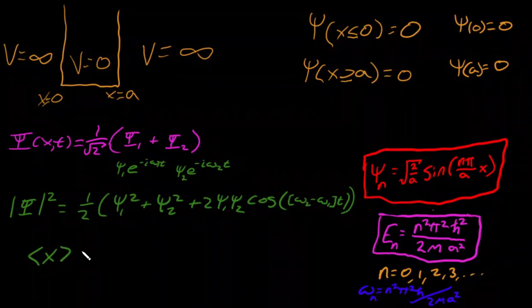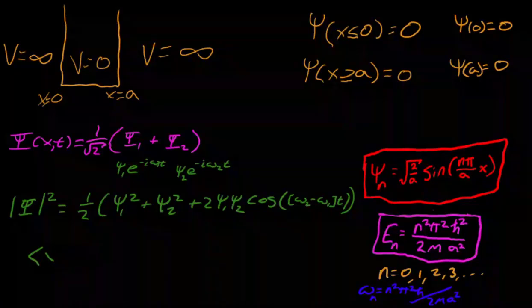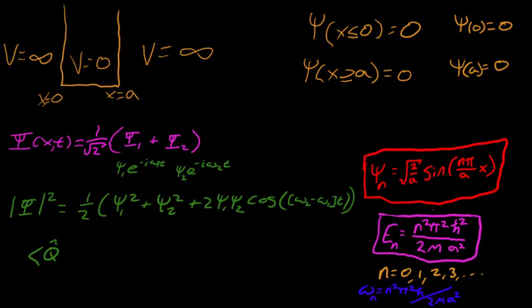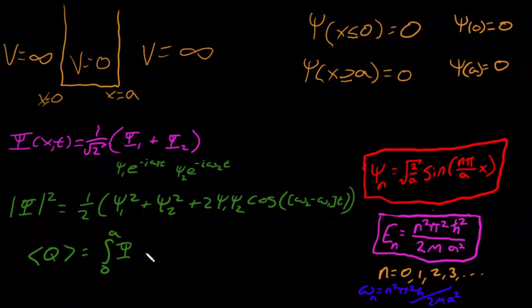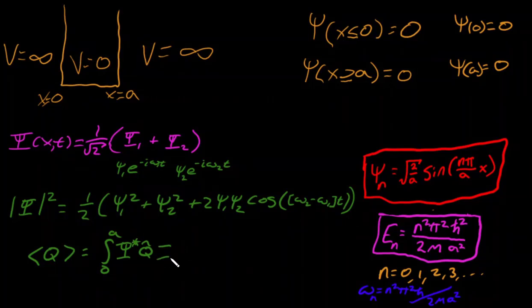And hopefully you remember how to calculate expectation values. The expectation value of x, or really of anything q, the observable q, is the integral from 0 to a, because that's all we're integrating over here, of psi star, q hat psi, where these stars will actually matter, dx.